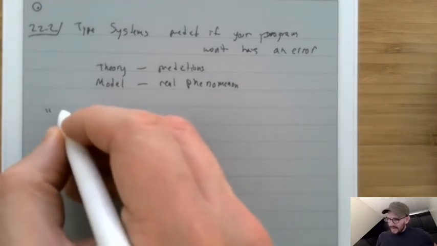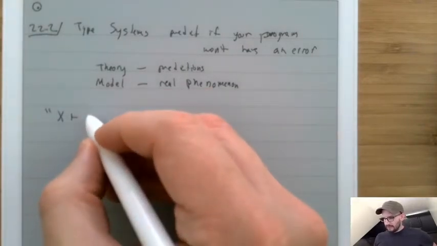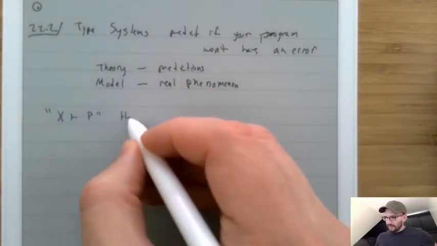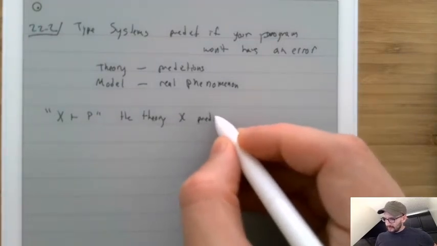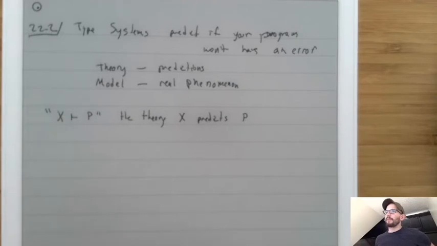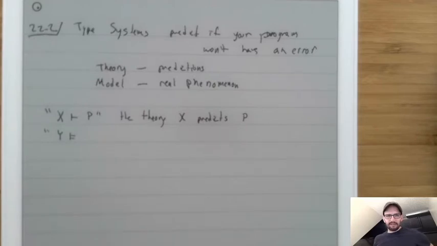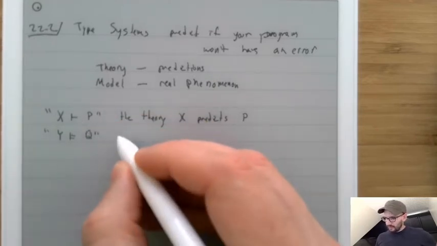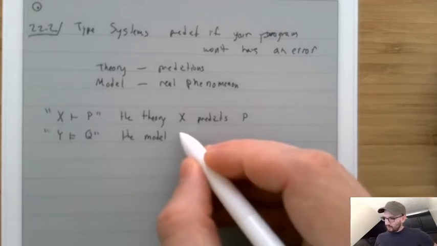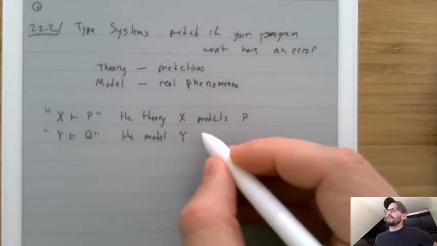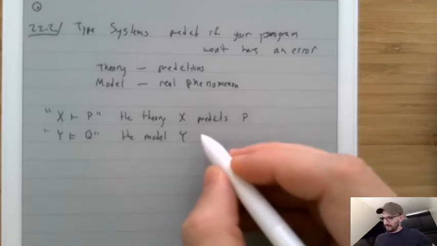We're going to say that X, this is called a turnstile, P, means that the theory X predicts P. And then we're going to say Y, and this is a double turnstile, Q. We're going to say that the model Y, not predicts, we'll say performs Q.